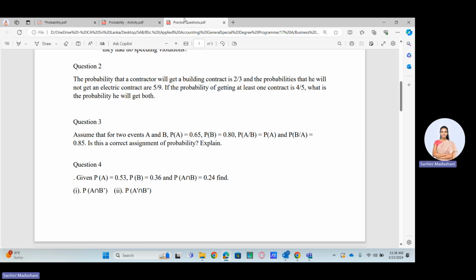That's the union value. Let's say the union is 0.65. Then what's the complement of the union? 0.35.